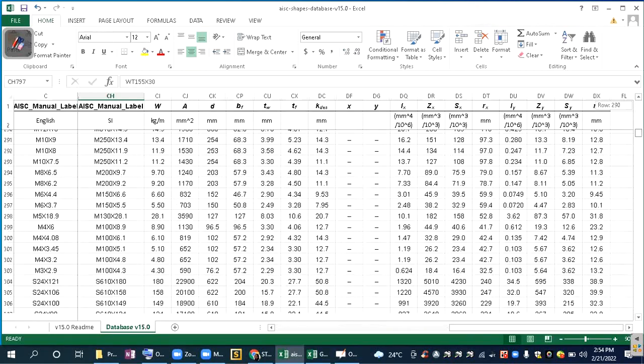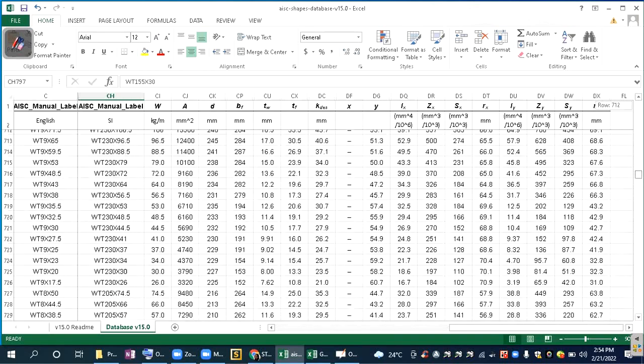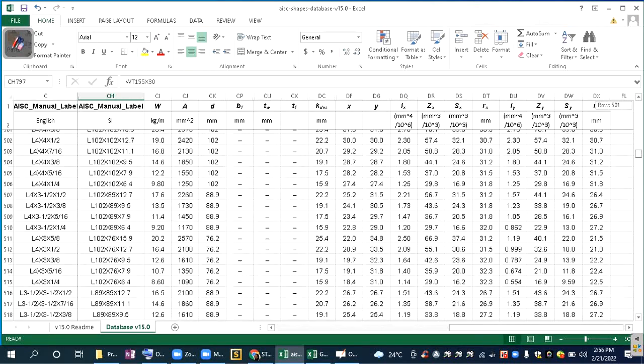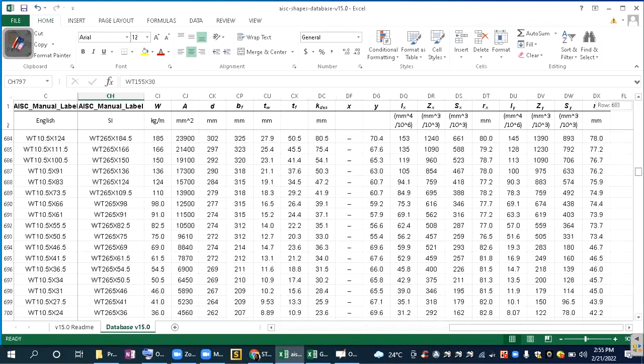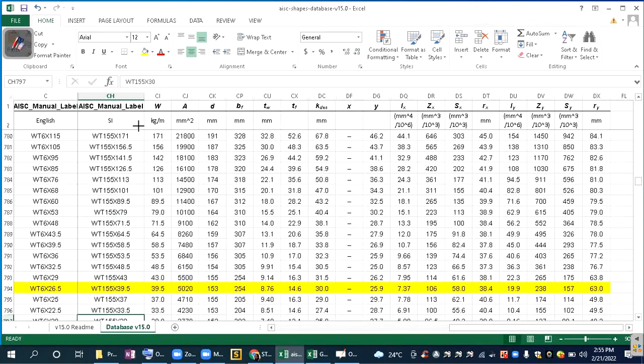So, tingin tayo sa ating WT section. Okay? So, yung WT section, that is actually 1/2 of W shape.